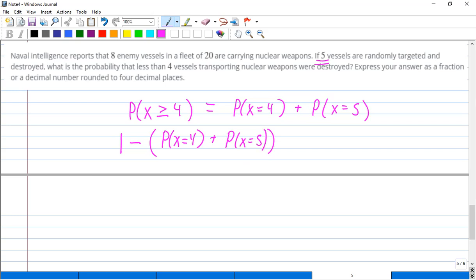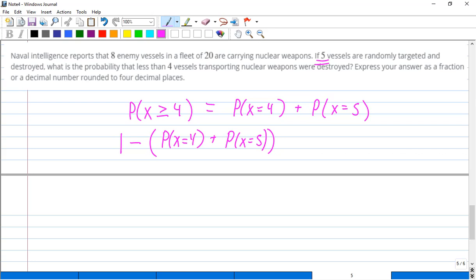So this way we'll only have to work out 2 hypergeometric distribution problems. One of them will let x equal 4 and the other will let x equal 5. All of the other variables are going to be the same. Okay? As long as we define our variables correctly, it shouldn't be that bad.